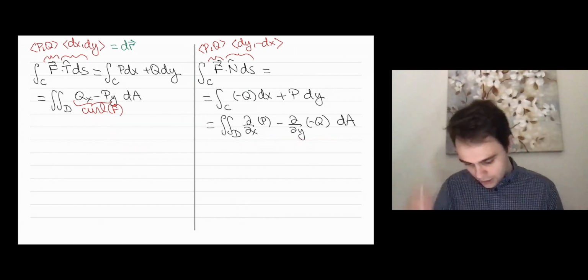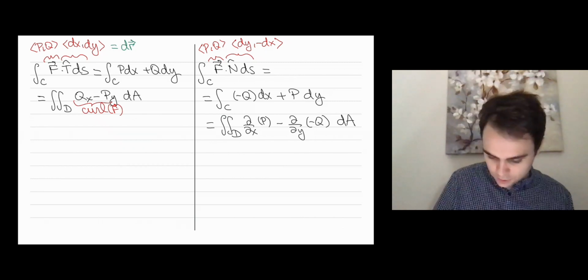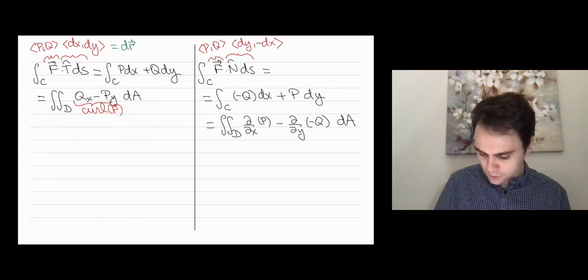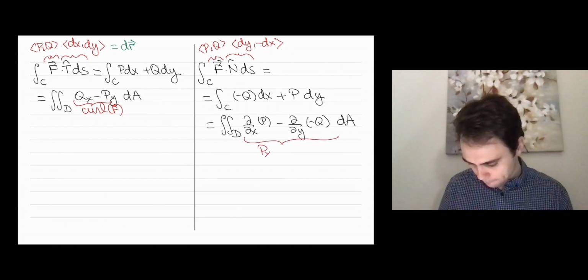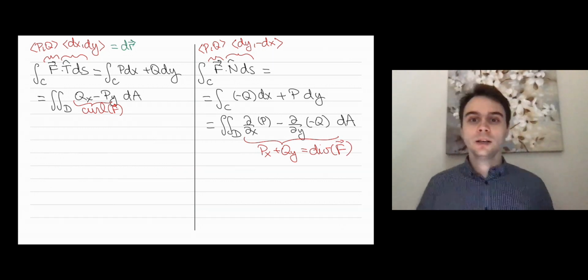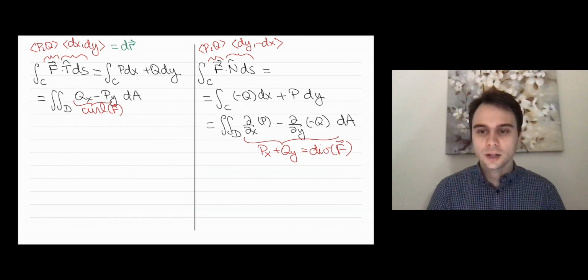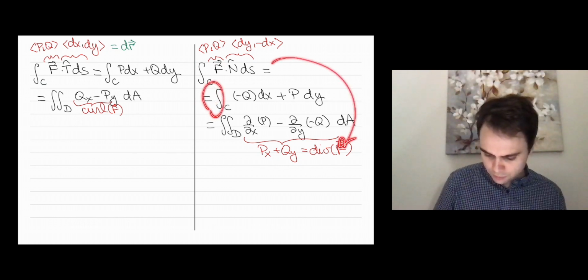So you see I just get P sub x plus Q sub y, which is the divergence of the vector field. So again, I recover the old version. Using the old Green's theorem, I was able to prove this new one.